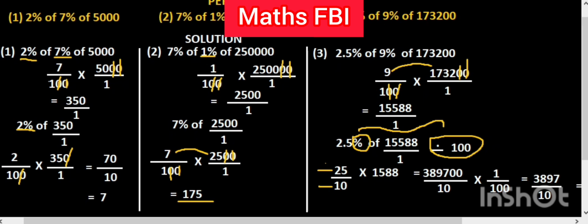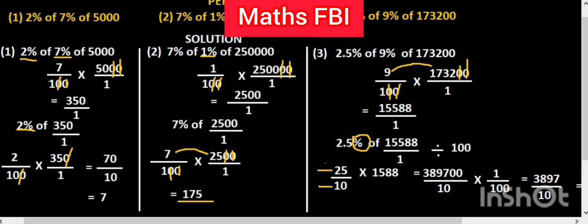So this percentage is what we represent here as divided by 100. Okay, so 25 over 10. If you are acquainted with decimals, you may check my video on decimals to know why 2.5 is equal to 25 over 10.